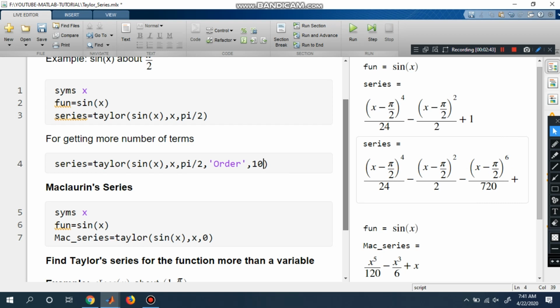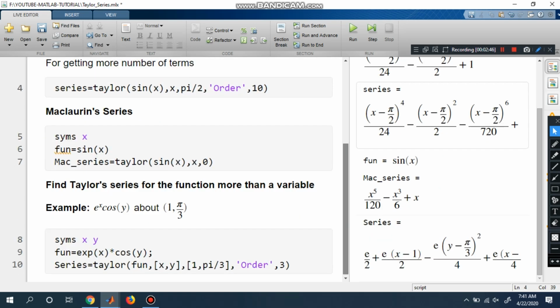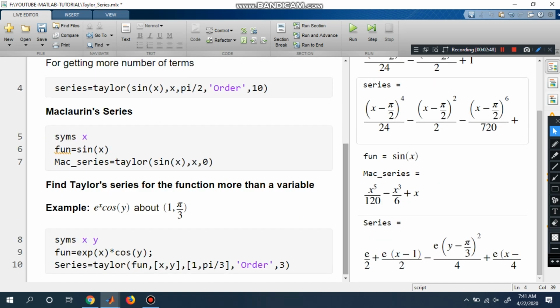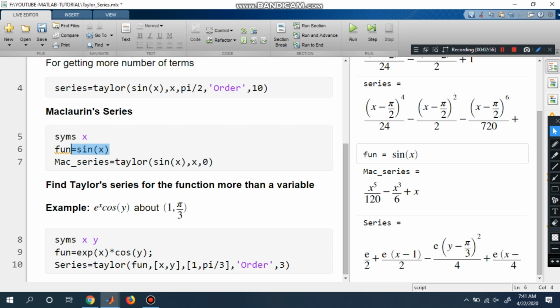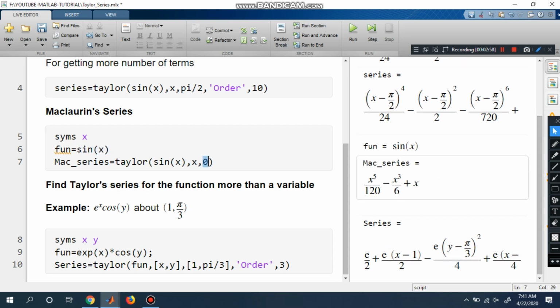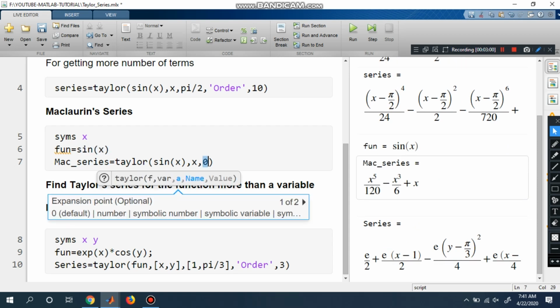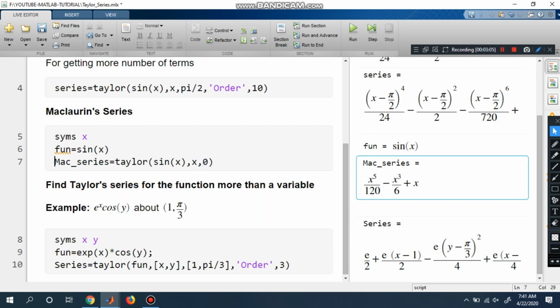Suppose you would like to find the Maclaurin series. Maclaurin series means a Taylor series about the point 0. Observe here, for the same function sin x, in the Taylor series I will put simply 0. For that we get x to the power 5 by 120 minus x cube by 6 plus x.